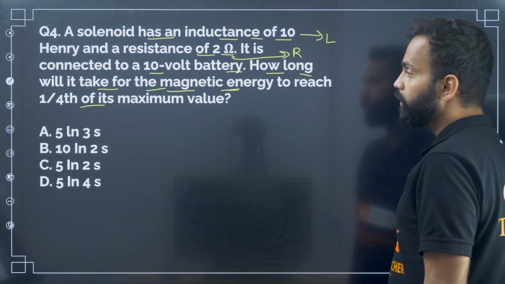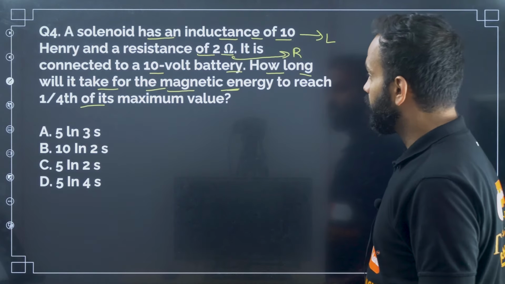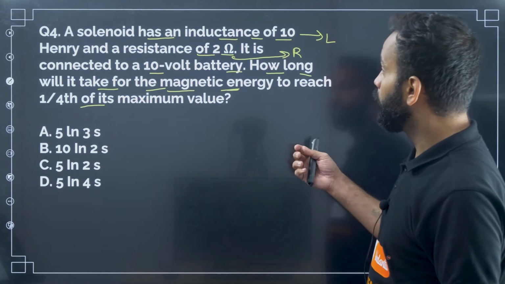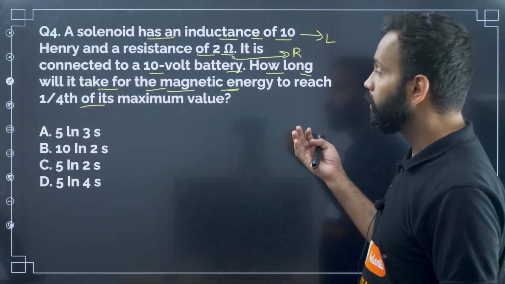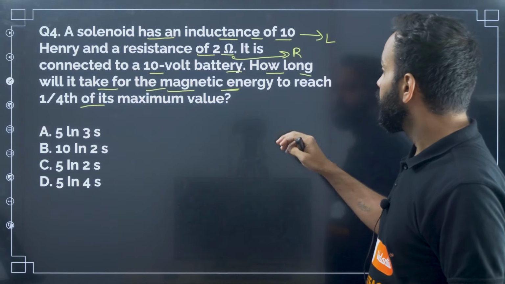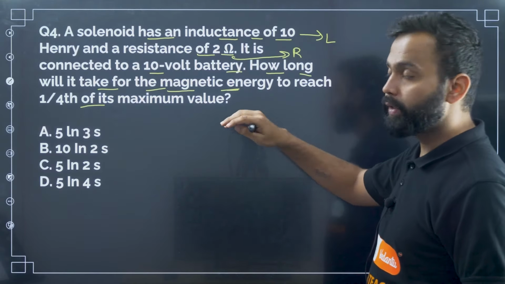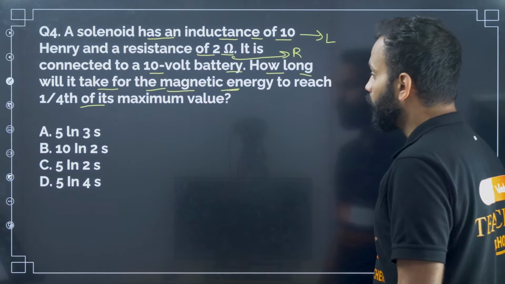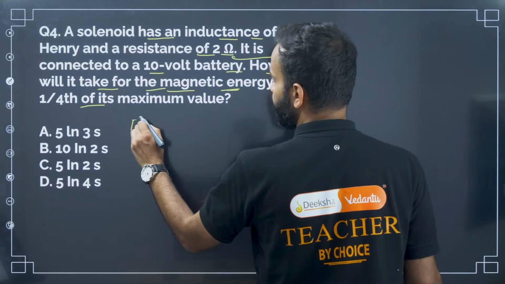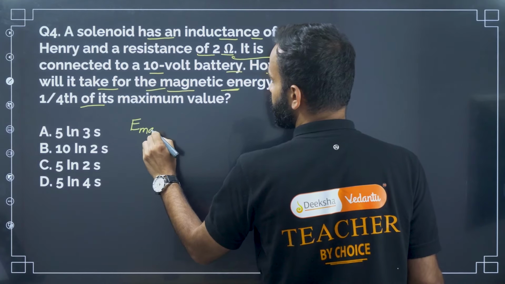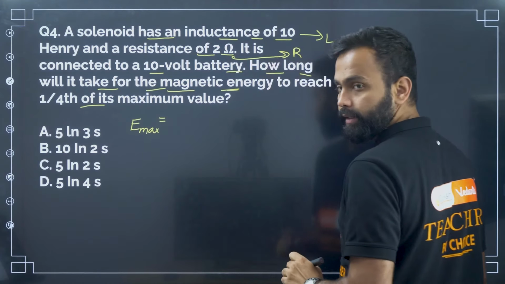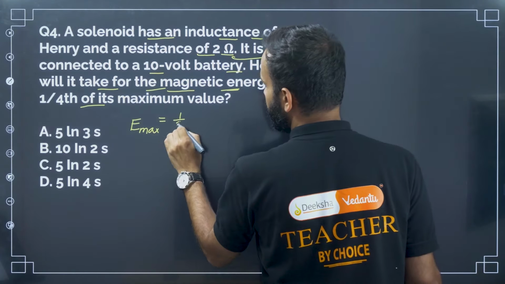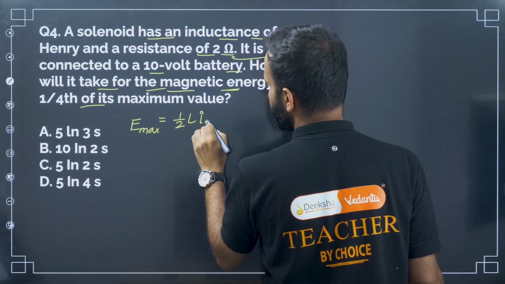So we need to find the time taken by the solenoid for the magnetic energy to reach 1 by 4th of its maximum value. What is the maximum energy stored in the inductor? That is half L into I max square.